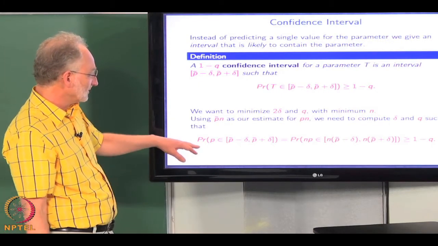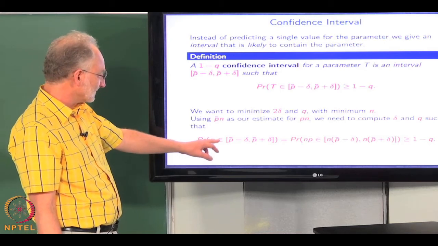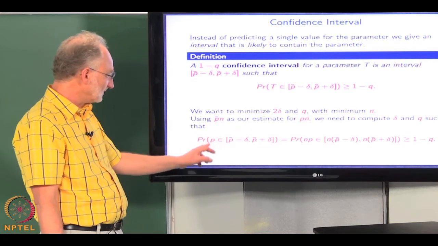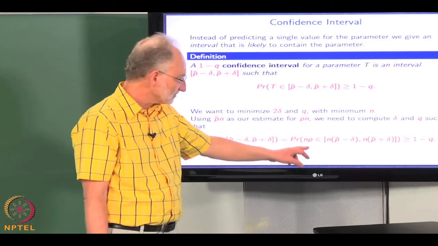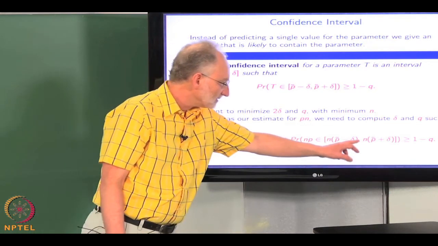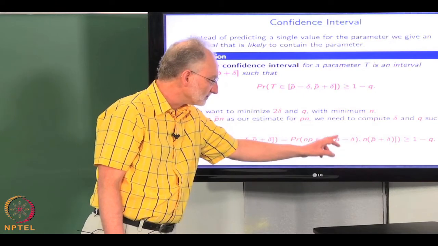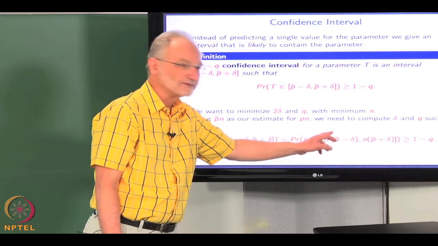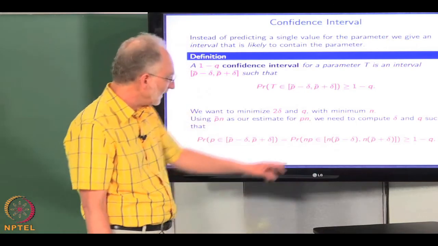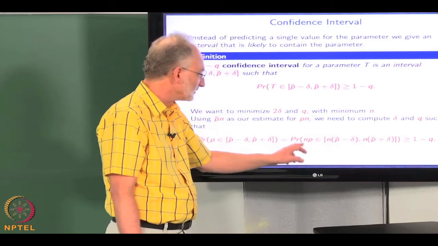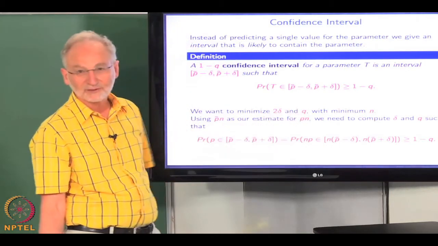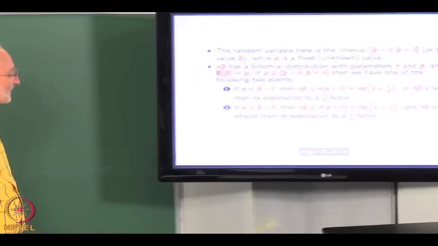You want the probability that the interval includes the real value P, which is the same as the number of positive observations you had, plus or minus delta, to include n times P, and you want this with high probability.